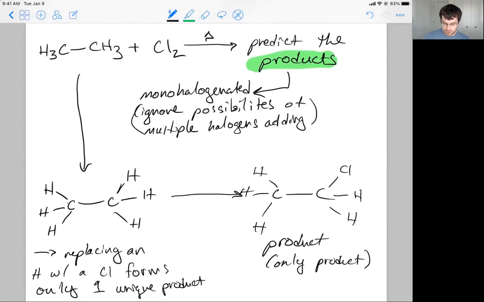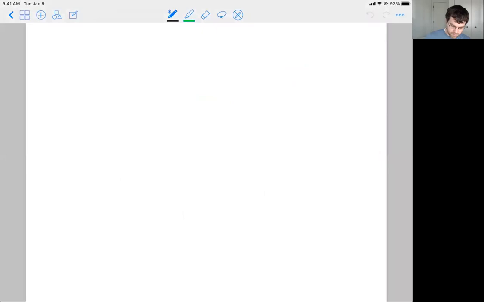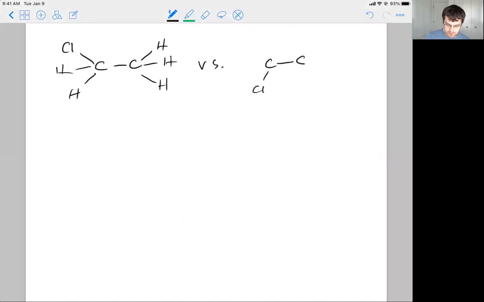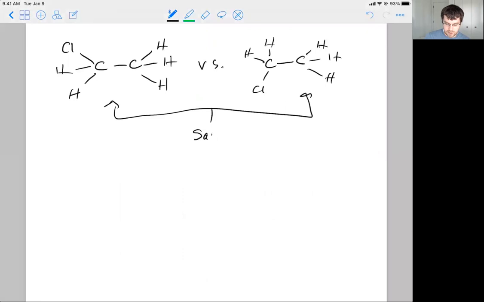That is to say, if I have the product shown here, or if I have this product where I put it in the upper left position, versus this product, these are the same, because I could undergo free rotation over carbon-carbon single bonds or simply roll the molecule around in space to get them to superimpose. So these are the same product. Even though there are six positions, there's only one unique product in this case.